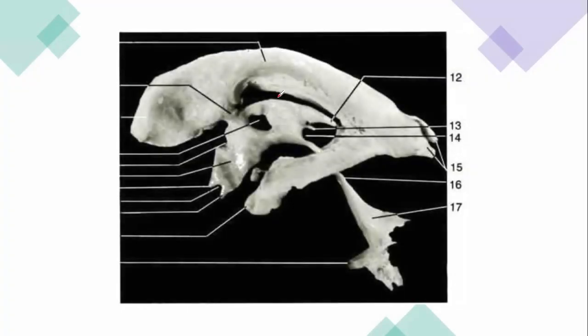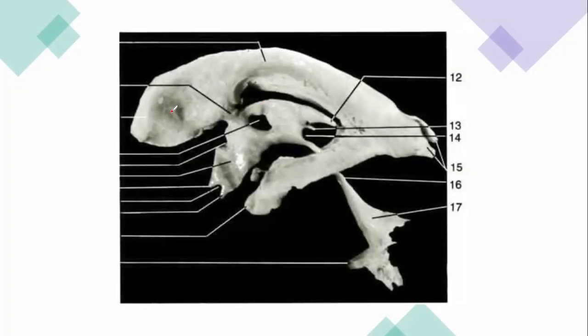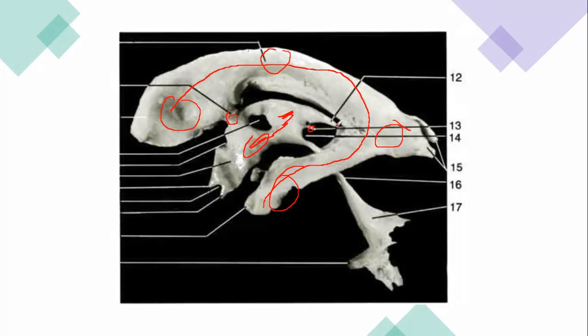So here you can see these are the lateral ventricles. This is the lateral ventricle. You can see this is the anterior horn, this is the body, this is the posterior horn, and this is the inferior horn. Then this is the third ventricle with its pineal recess here.